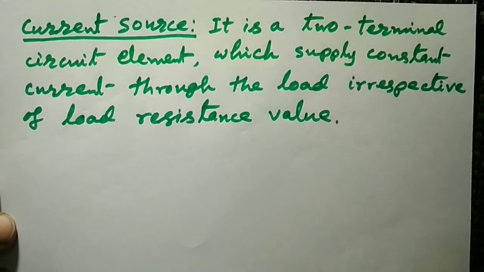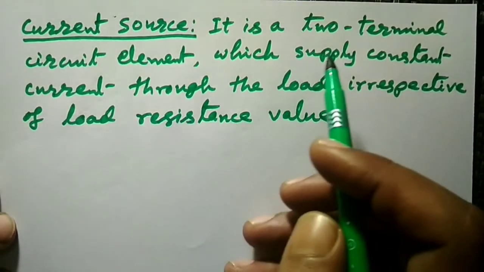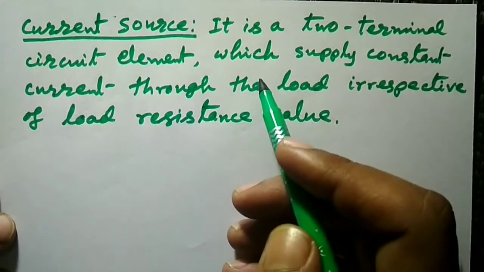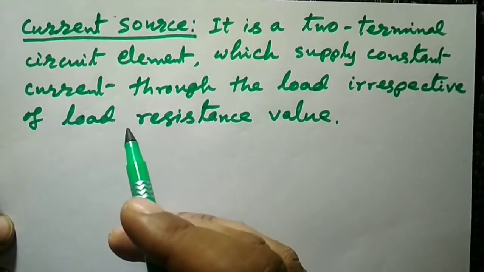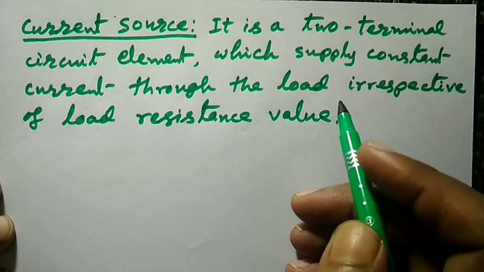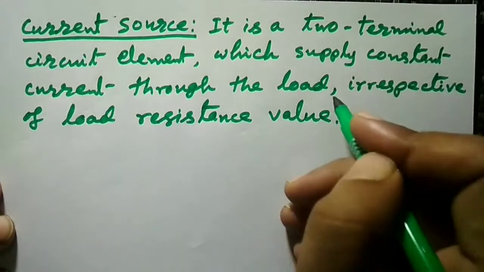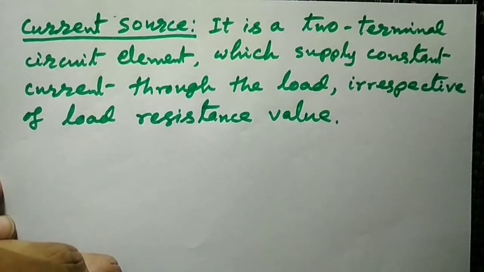Now the current source. A current source is a two-terminal circuit element, an active element, which supplies the constant current through the load irrespective of the load resistance value. Remember one thing, the current source supplies the current which is independent of the voltage across the terminal.